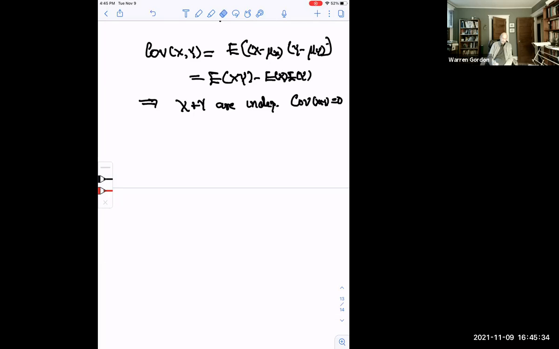Meaning non-independent random variables can have a covariance equal to 0.